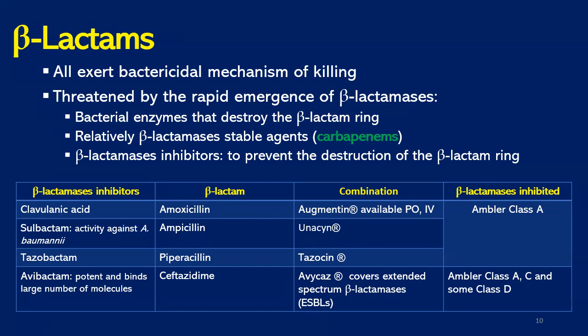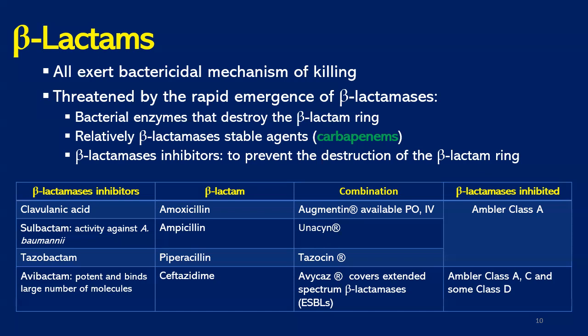Nowadays, we have what we call extended spectrum beta-lactamases. Because we are using those antibiotics more frequently, the bacteria responded by forming new generations of beta-lactamases, which are able even to cleave the carbapenem lactone ring.